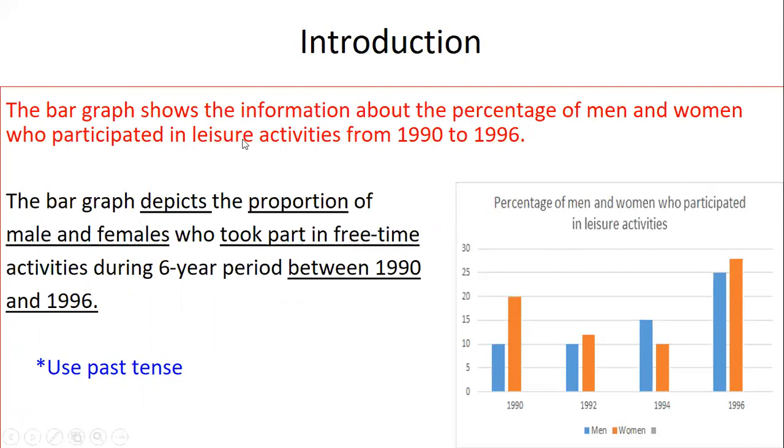Here is the introduction in the rephrased manner. The bar graph depicts the proportion of males and females who took part in free time activities during the 6-year period between 1990 and 1996.